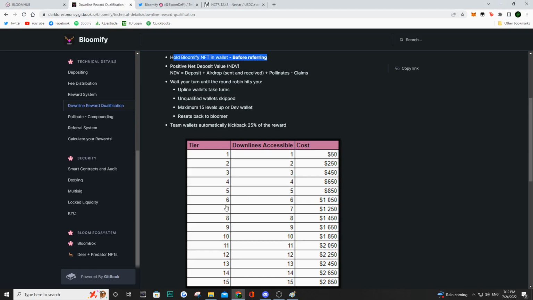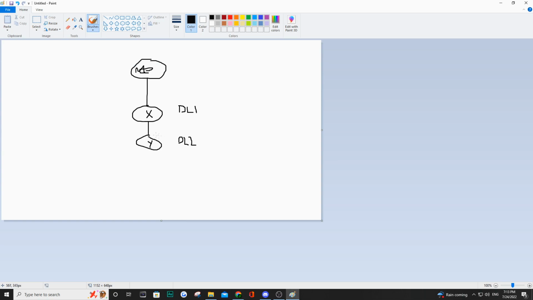If we go back here, if you want to have the downlines accessible tier 2, you're going to have to pay $250 to get that NFT, which is basically going to allow you to get the rewards from this person Y, even though this person Y was referred by person X, which is obviously in your team.